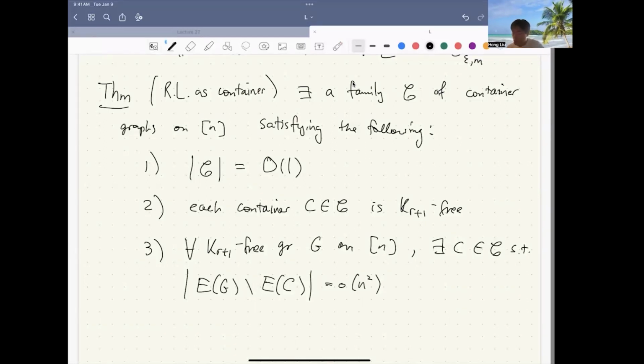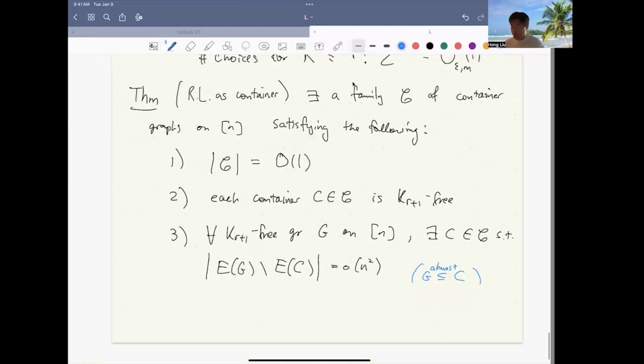So this means G is an almost subgraph of some C, right?